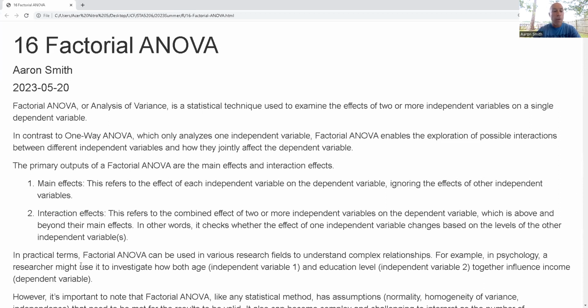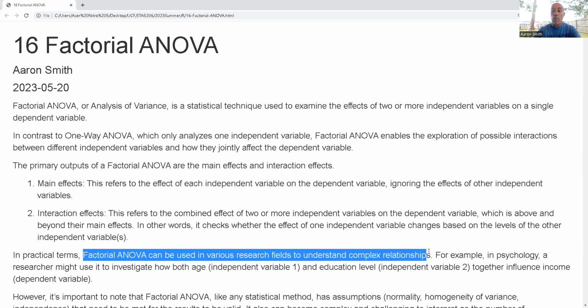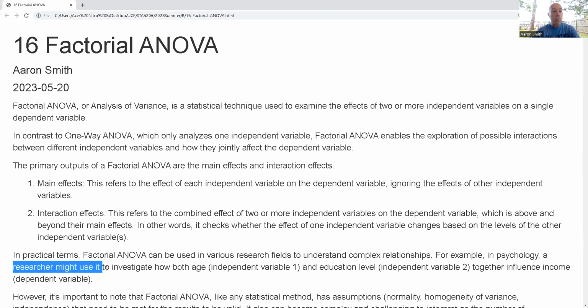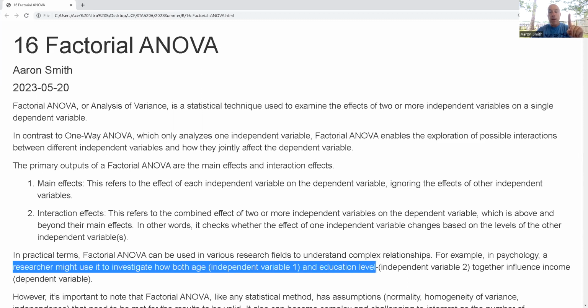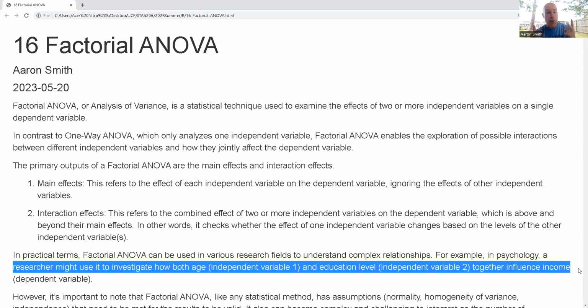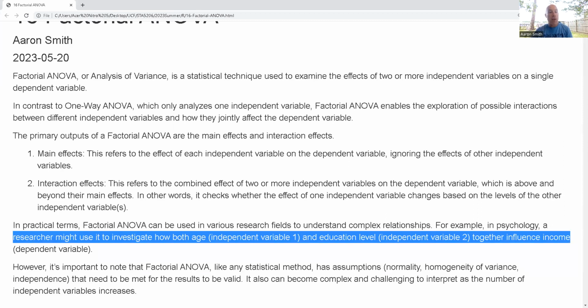In practical terms, factorial ANOVA can be used in various research fields to understand complex relationships. For example, in psychology, a researcher might use it to investigate how both age, independent variable one, and education level, independent variable two, together influence income, which is my dependent variable, my response. However, it is important to know that factorial ANOVA, like any statistical method, has assumptions.